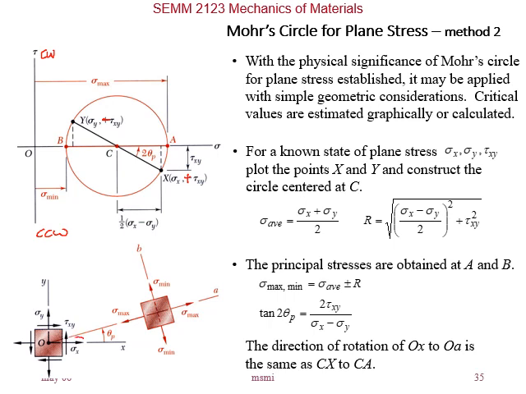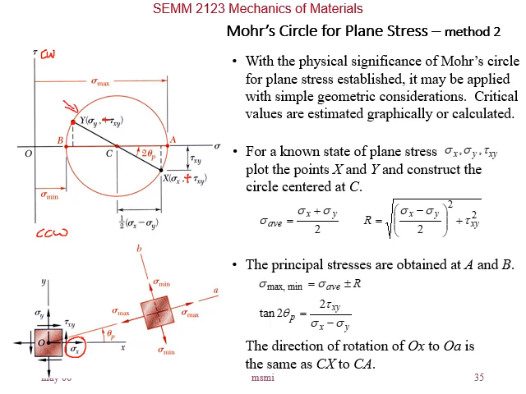So sigma X and tau XY in the positive direction represents the x-axis. So we have sigma X, tau XY. And point Y is sigma Y, tau XY, but clockwise or negative. So we plot point Y. So we have point X and point Y here.